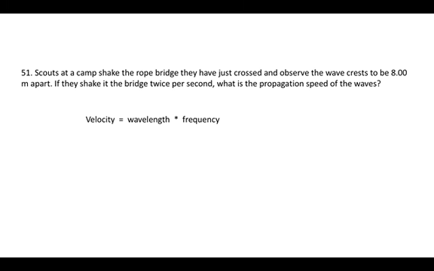So, the propagation speed of the waves is what we're looking for, and we know that the wave crests are 8 meters apart. That's the wavelength. We multiply it by 2 hertz because if they shake the bridge twice per second, that's 2 hertz. You multiply those two together and you find the value of 16 meters per second.